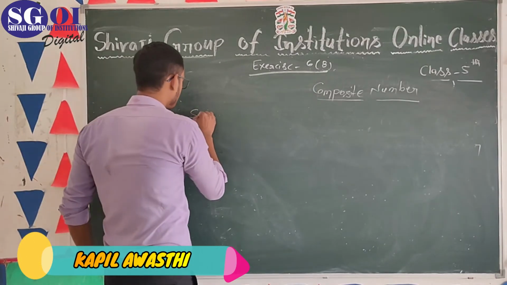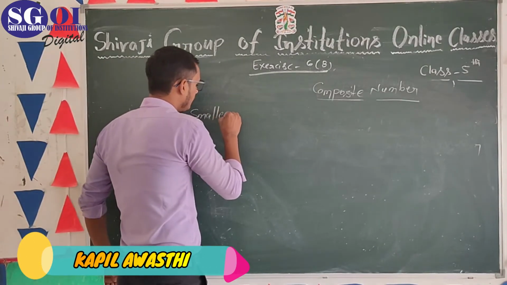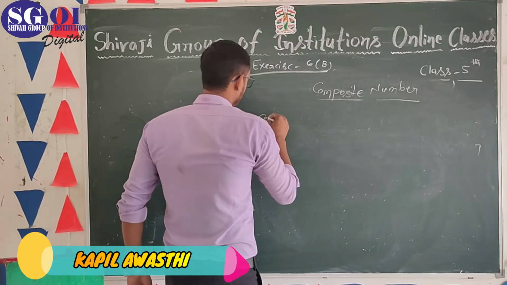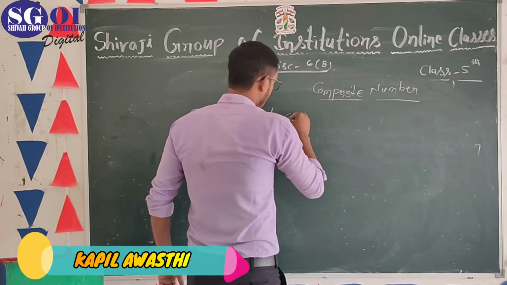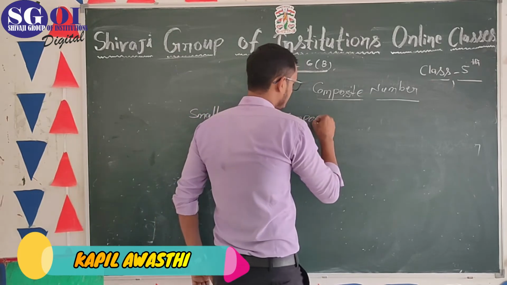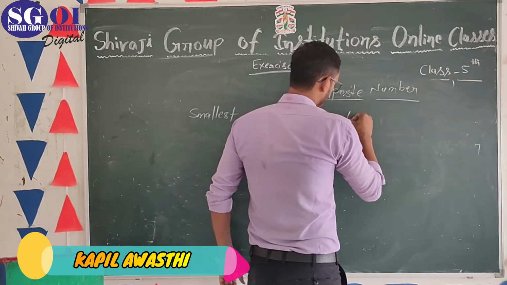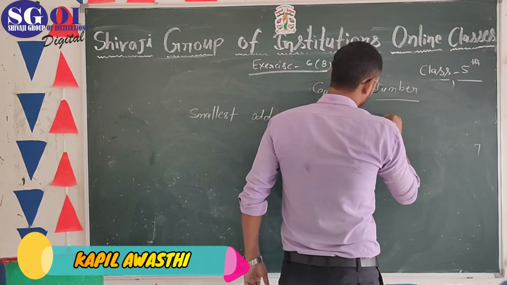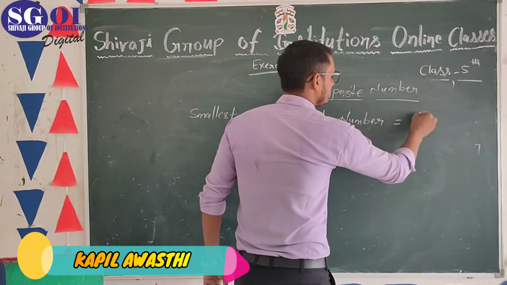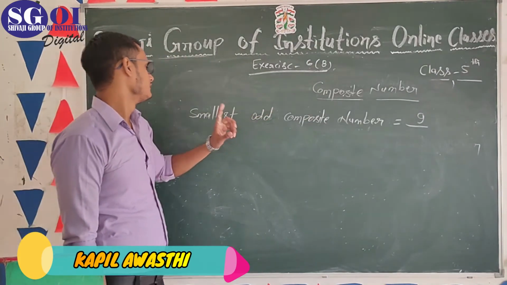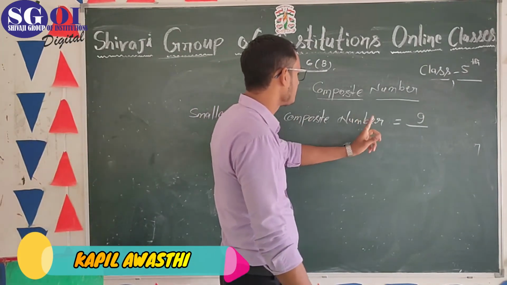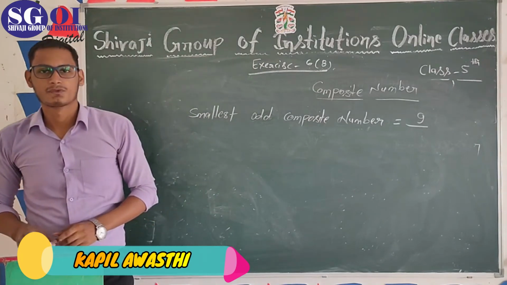The smallest odd composite number is equal to 9. The smallest odd composite number is 9.